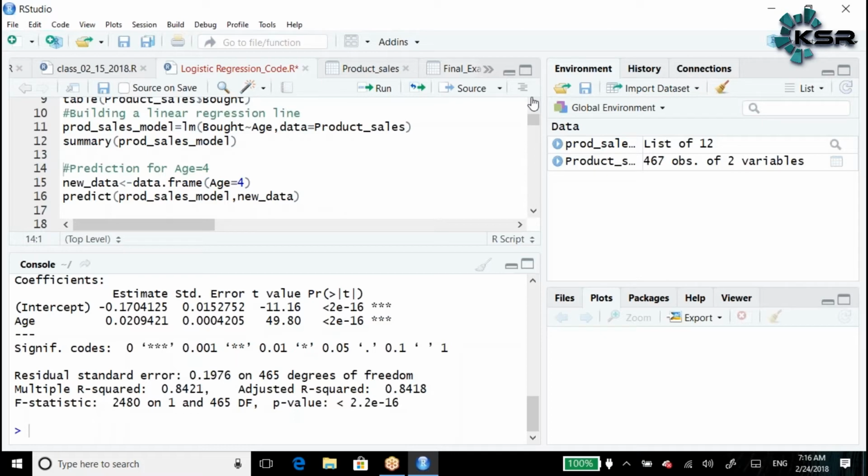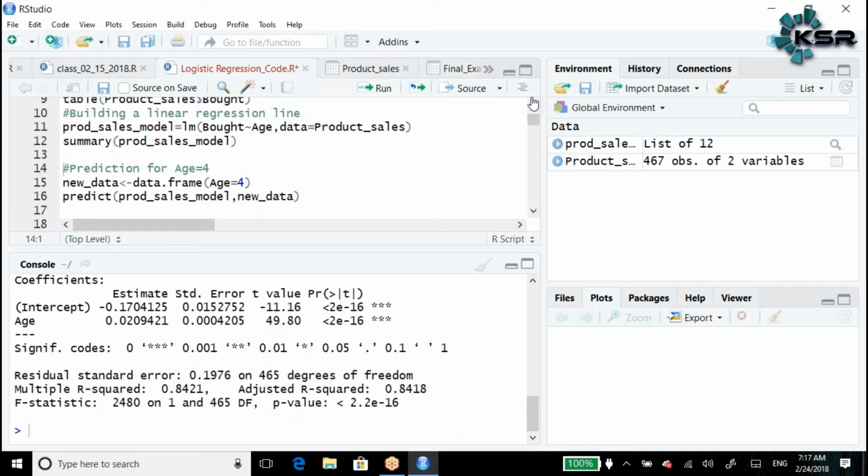Now we need to validate. We would like to validate whether we are getting the correct results or not. As per the business definition we discussed, we would like to predict, with respect to age, whether the customer will buy the product or not. That is the ultimate goal.